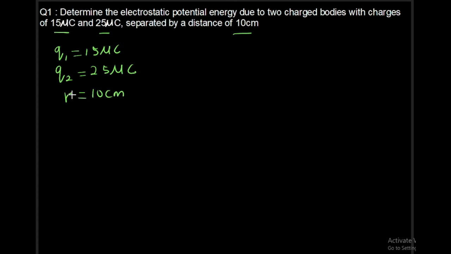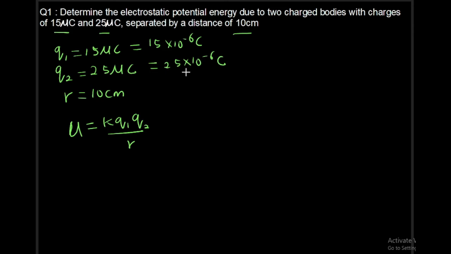All right. So now remember, whenever we have a pair of charges, the formula for our electric potential energy or electrostatic potential energy is U equals KQ1Q2 all over R. All right, and Q1 is equal to 15 times 10 raised to power minus 6 coulomb. Q2 is 25 times 10 raised to power minus 6 coulomb.